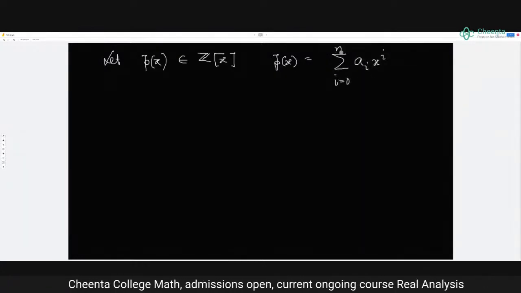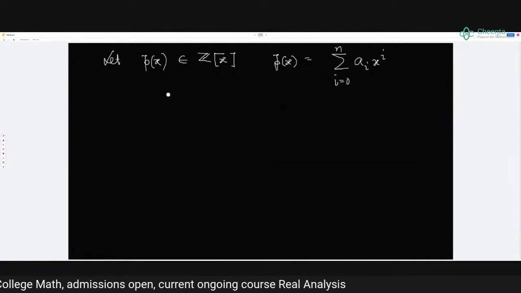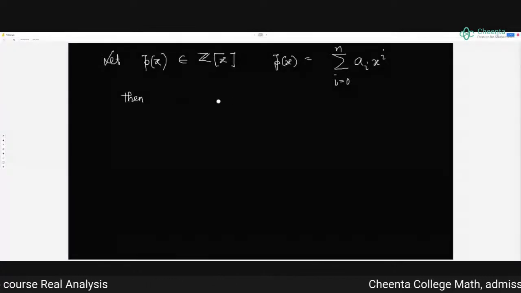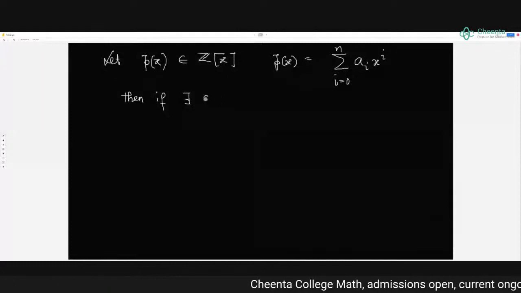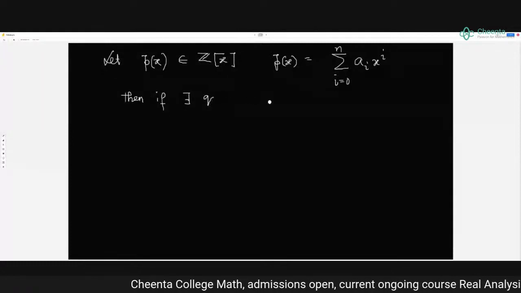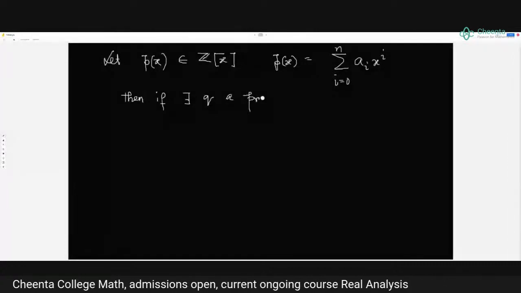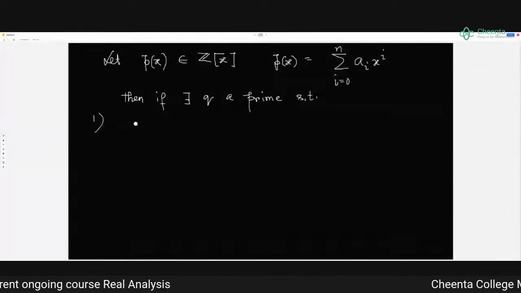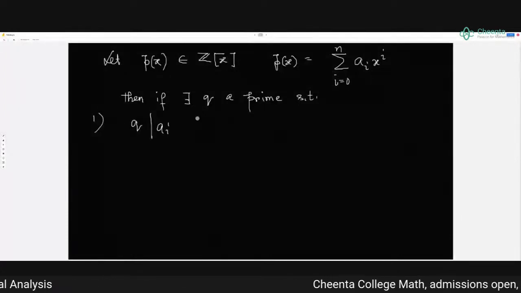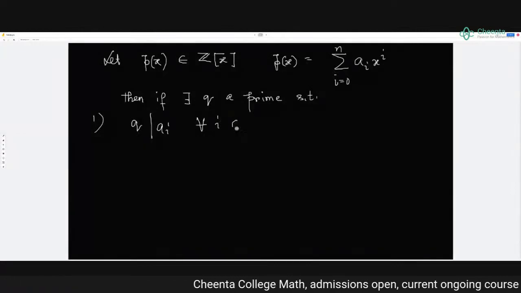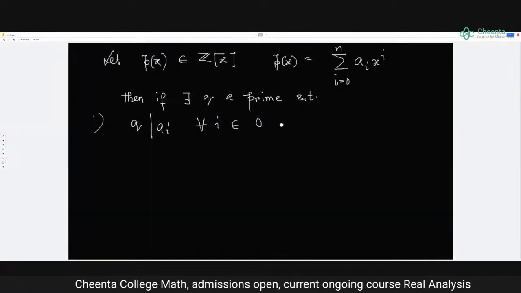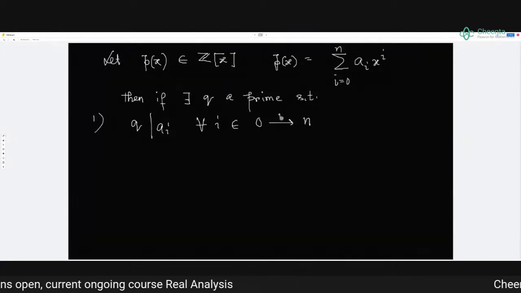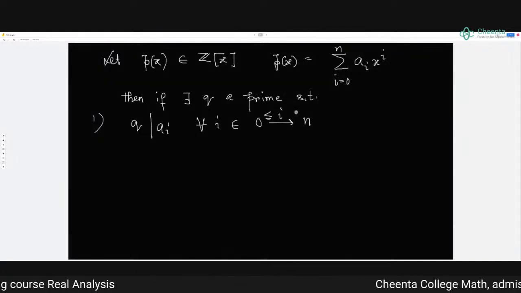Then, if there exists q, a prime number, such that, first of all, q divides a_i for all i less than n.